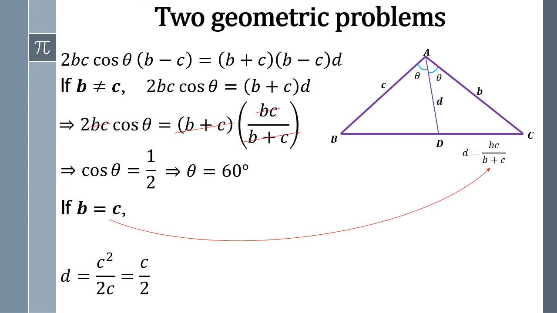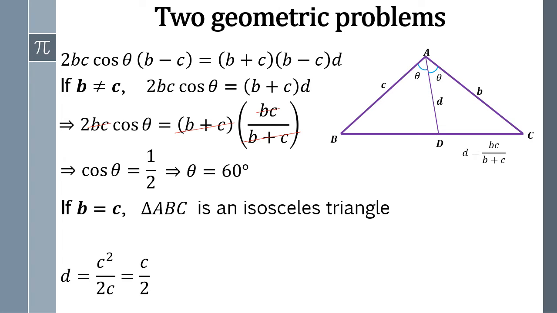And also from the fact that b equals c, I know triangle ABC is an isosceles triangle, which leads to the fact that AD is perpendicular to BC, since AD is an angle bisector, which also means angle ADB is a right angle.